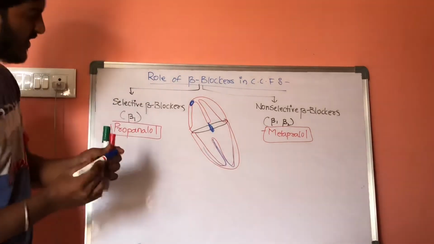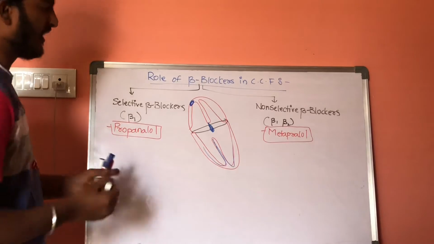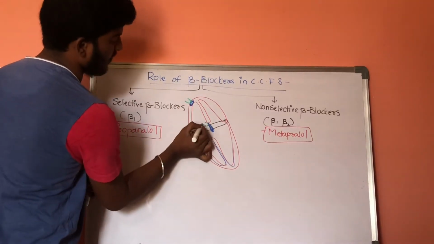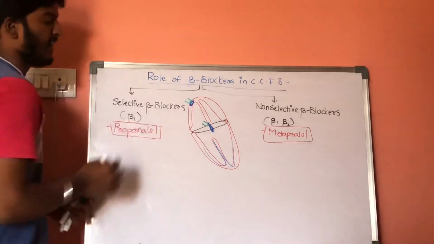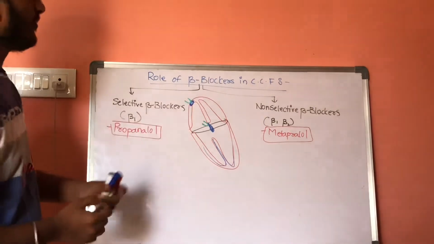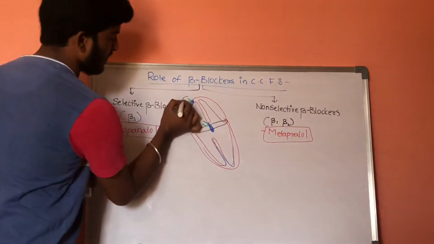Now there are special beta receptors present on the SA node, AV node, Purkinje fibers and other myocardial cells. Now these beta blockers are blocking these beta receptors.